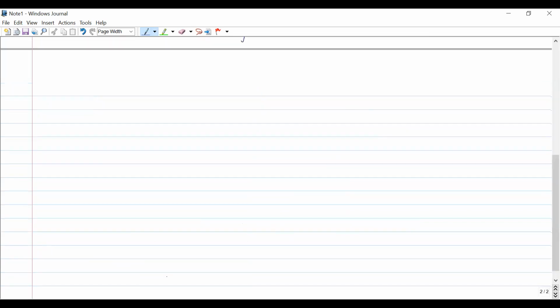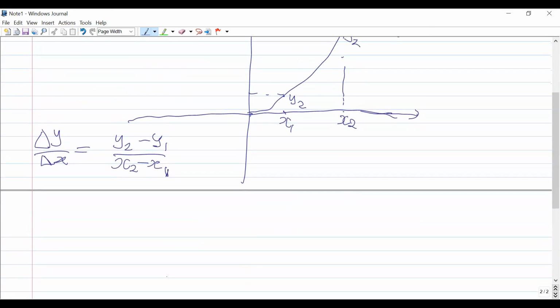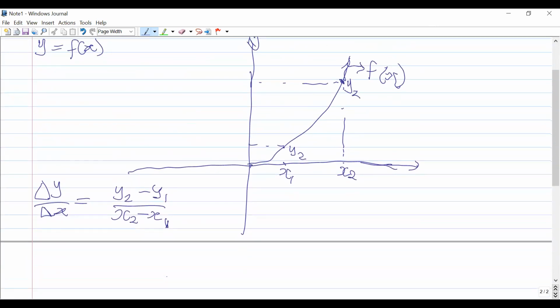Or in this case, what you will do is go and replace our y2 with f of x2. So in this case, our y2 will be just equal to f of x2, because our y is just equal to f of x.